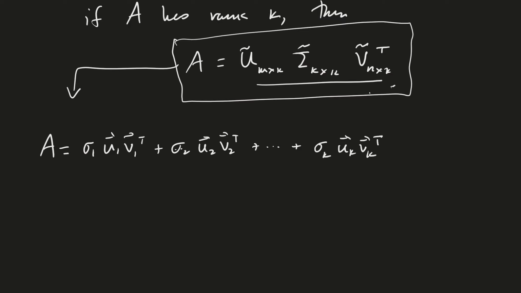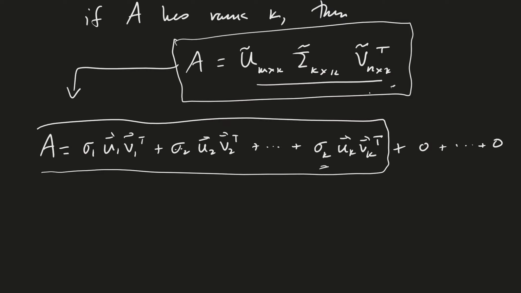And I'm going to stop here because everything else would be 0, right? Because the sigmas would all be 0. And so it doesn't matter that you include those vectors or not. And so that's why I say this is usually as far as you need to go, the first k values, because the rest are contained in the null spaces. Unless you're looking specifically for null spaces, I would say you don't really need that stuff.